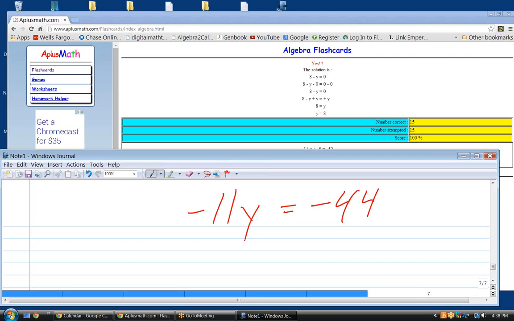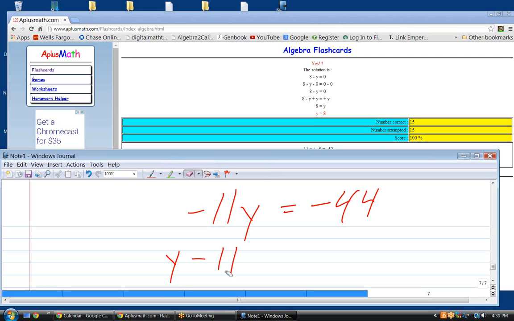What's the next step? Adding 11. Not adding. I can understand why you said that, because you're looking at that, and that looks like 11 might be being subtracted. But the key is to figure out what the 11 is doing. If it was really being subtracted, it would look like that.